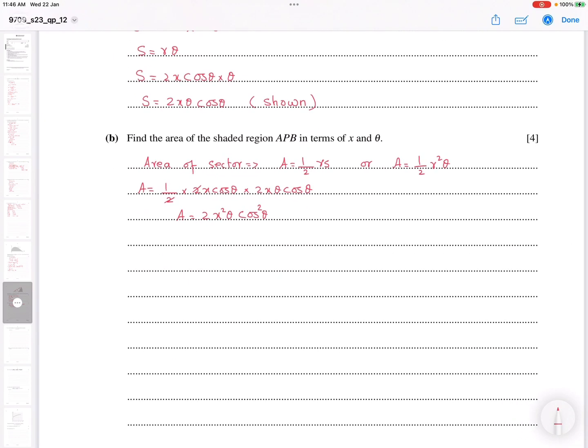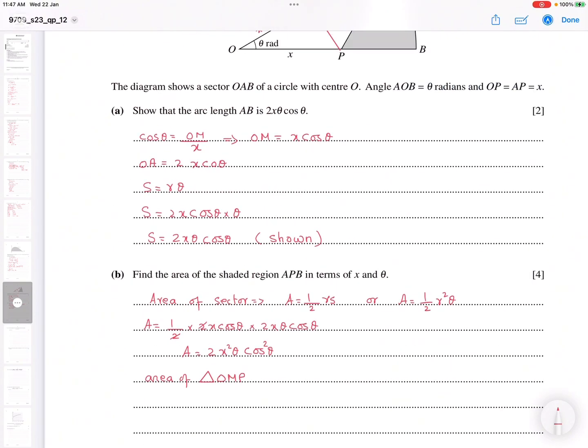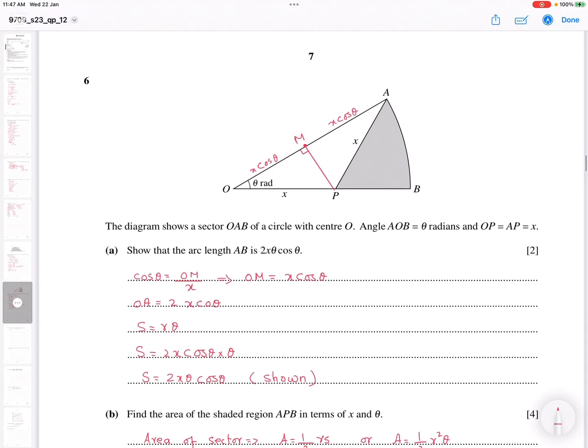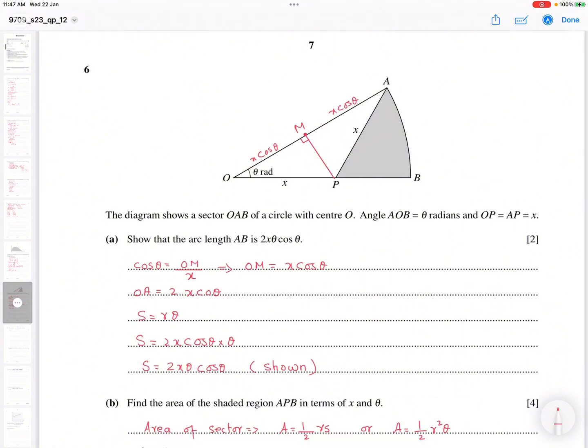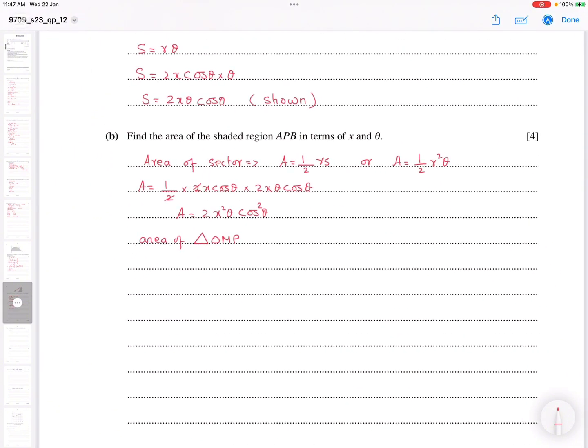Now what should we do? We have to find area of triangle OMP. Where is OM? OMP. So first find MP.